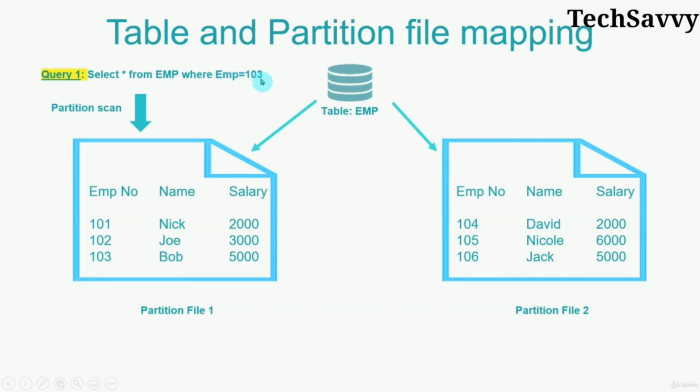My service layer knows that EMP 103 is present in partition 1. So it is going to scan only partition 1. It is not going to scan partition 2.